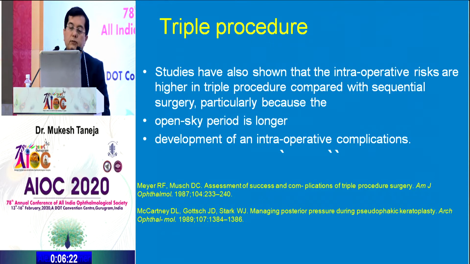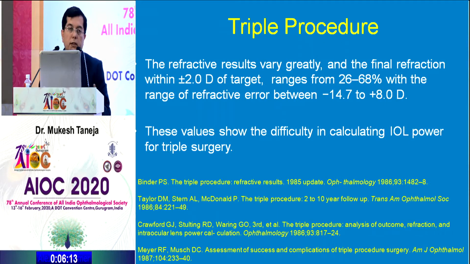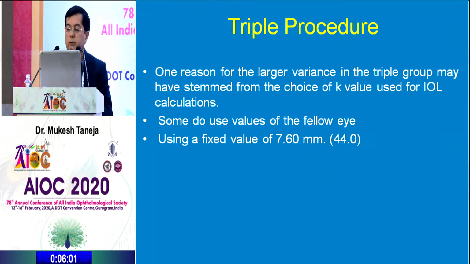But studies have shown that the intraoperative risks are higher in a triple procedure because you are doing an open sky procedure, and also the IOL power estimation can give you results as varied as, in this particular study, about minus 15 to plus 8 diopters. That kind of variation is what you get after a triple procedure.